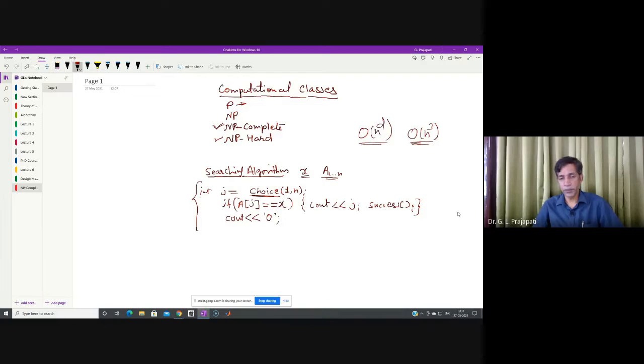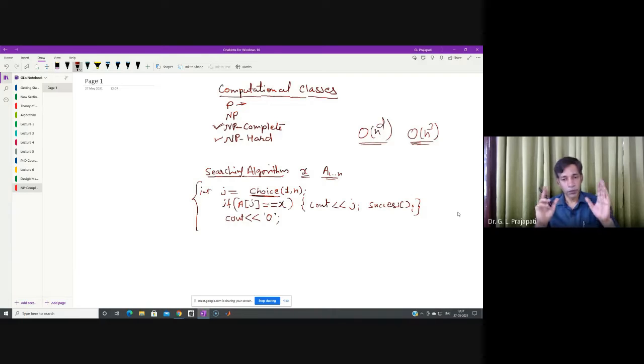This statement is not clear. What do you mean by this? As you have not defined it anywhere. If you want to go for the deterministic algorithm, then you must define the choice function, how you are going to make the choice, how you are going to decide the index value.